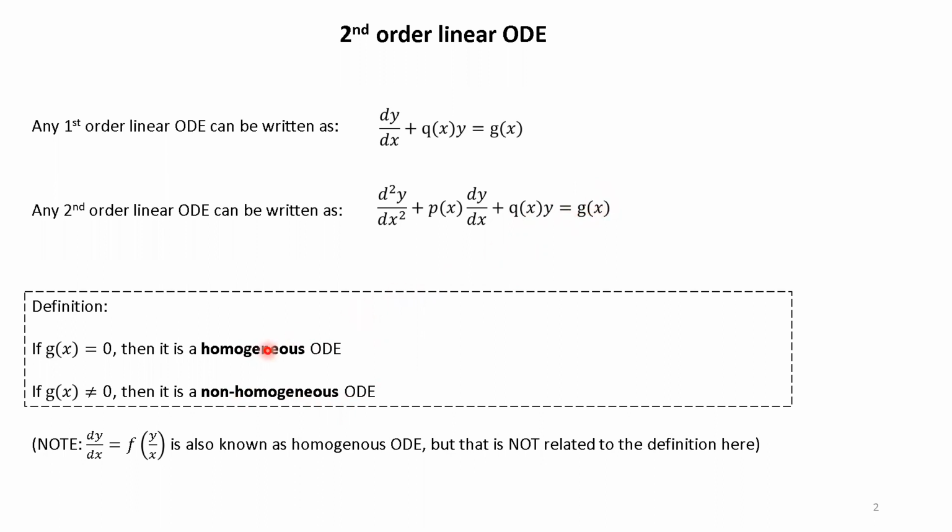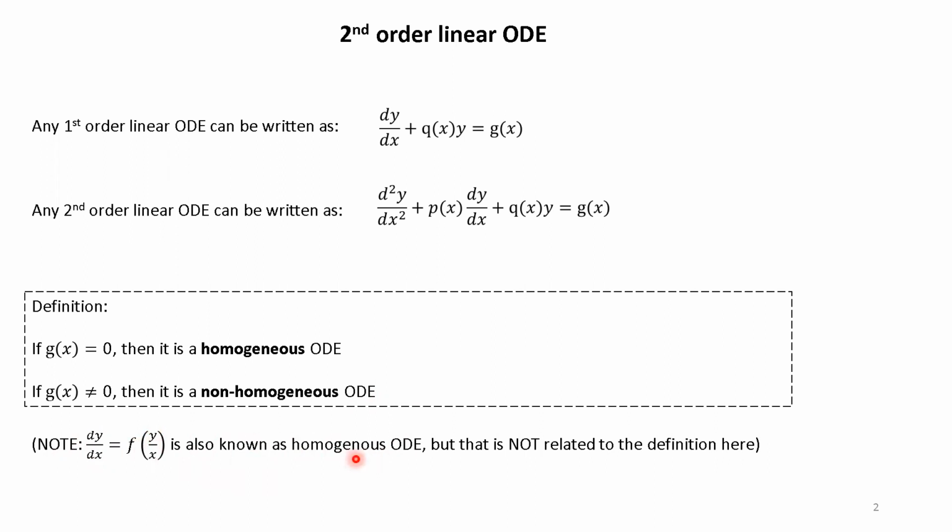But I mentioned homogeneous ODE before, in the first part, and I warned you that there are two types of homogeneous ODEs. Recall that in part 1 of this chapter, I said dy dx equals f of y divided by x is a homogeneous ODE. That's what I told you last week.